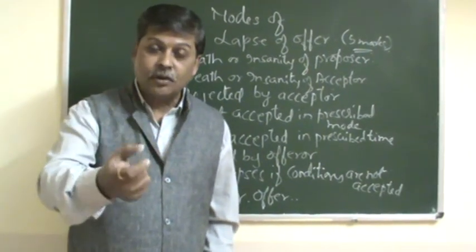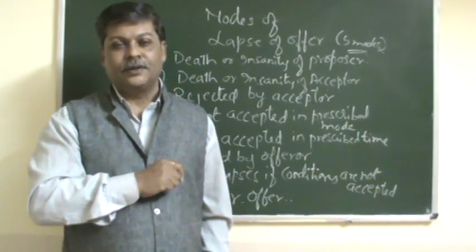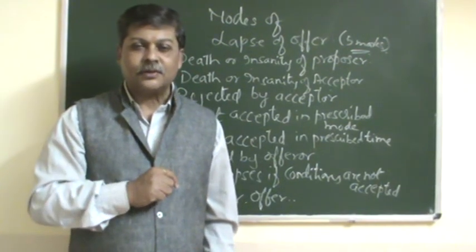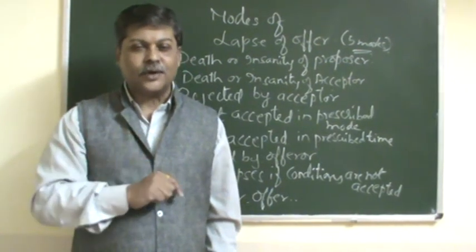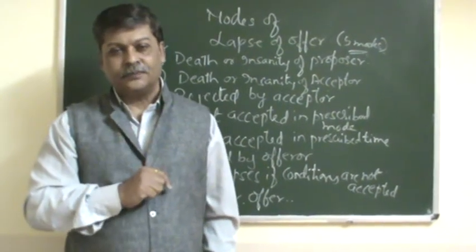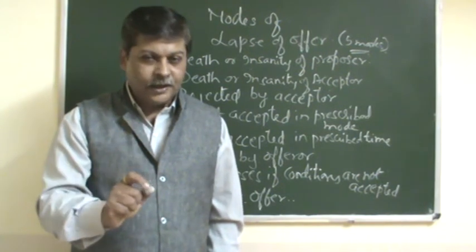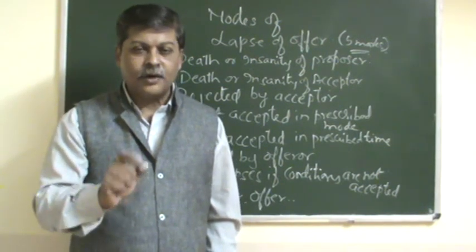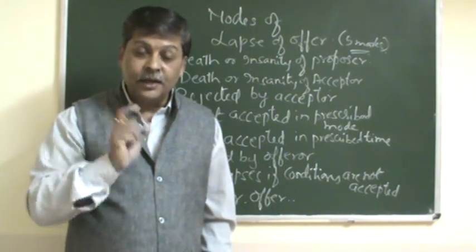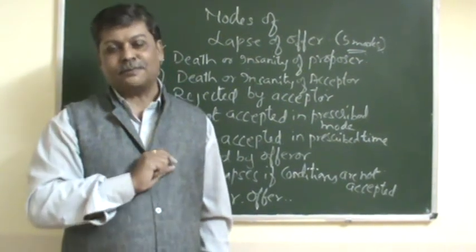If the acceptor does not give the acceptance in that prescribed mode, then the offer is said to have lapsed. So it comes to an end. The proposer can reject it because it is not in the prescribed mode. So the rule laid down in the lapse of the offer is that whatever mode is prescribed in the offer has to be followed by the acceptor.